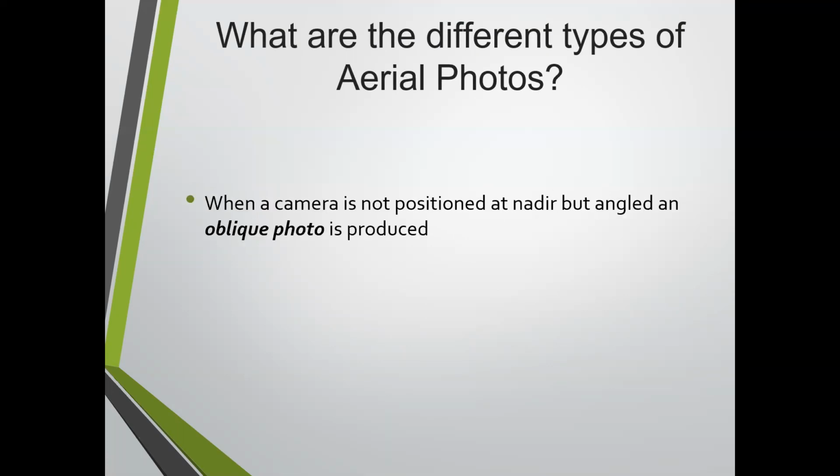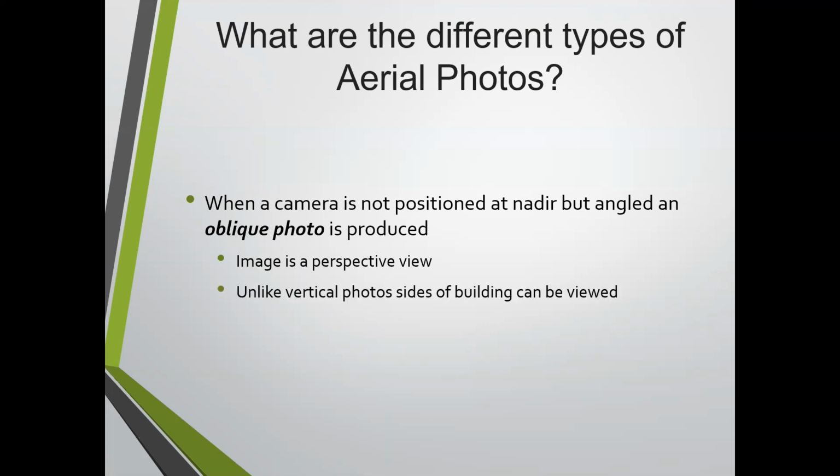All right, so when a camera is not positioned in nadir, but it's angled, then you get what's called an oblique photo. In other words, we're not looking straight down, we're looking in at some angle. And this image is what you call a perspective view. This allows you to get sides of buildings.